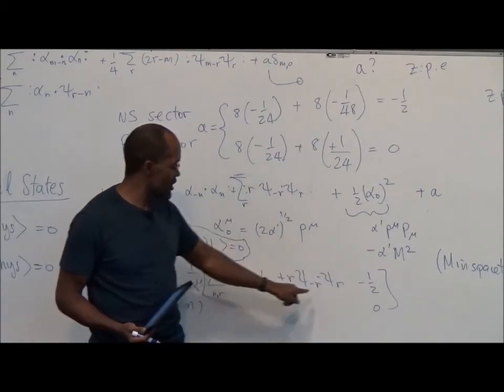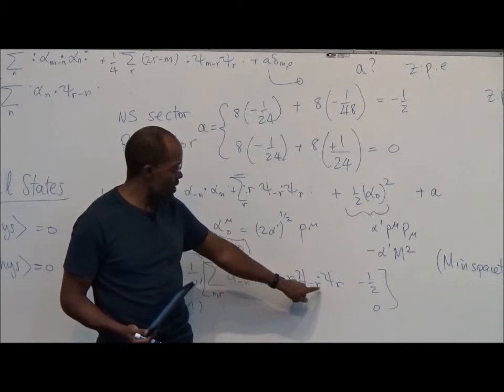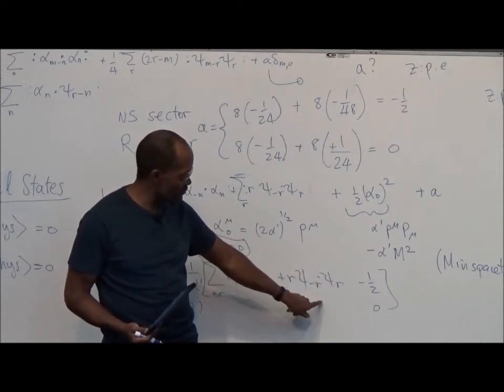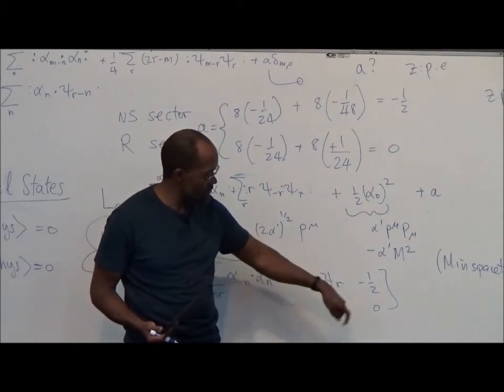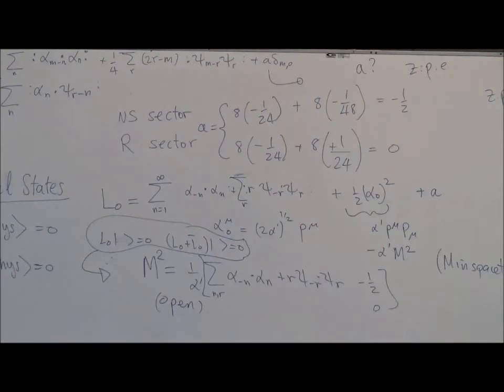There's something else I can do, which is start with the psis, which have half-integer moding, and that'll count as a half for the lowest one, canceling that and giving me a massless state. And that's the photon.